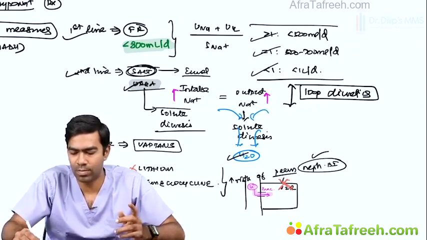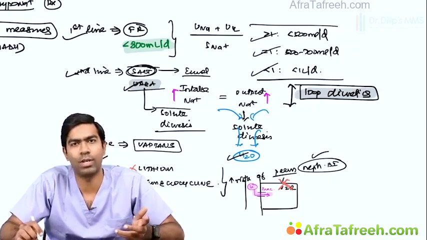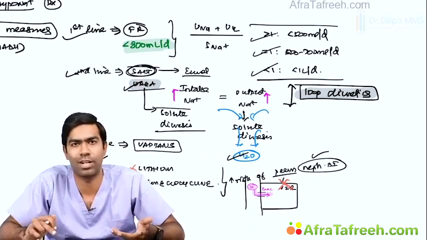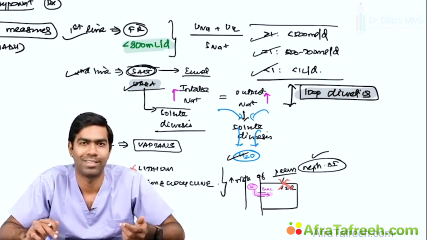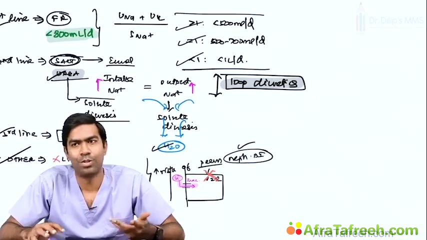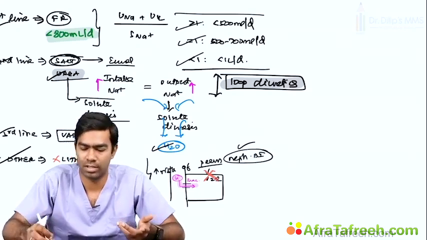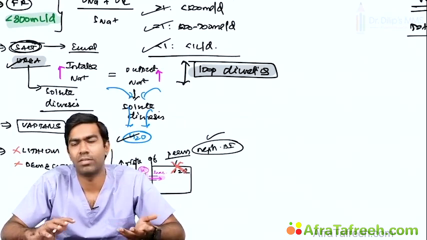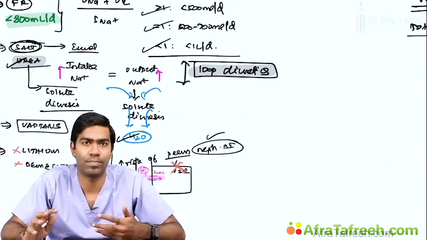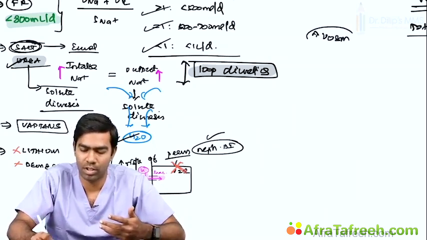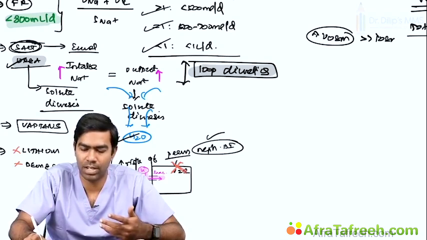Whenever I add a loop diuretic to a patient with SIADH, my residents usually get shocked. They ask me, sir, why are you adding loop diuretics to this patient? So remember, loop diuretics will be effective only if the patient has very high urine osmolality, meaning urine osmolality more than the plasma osmolality.